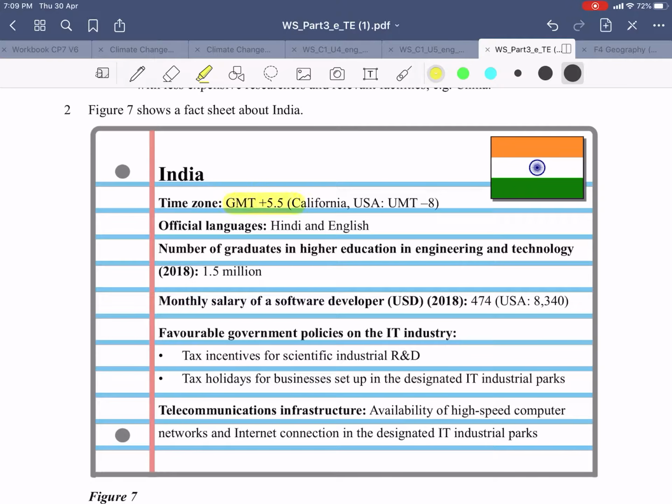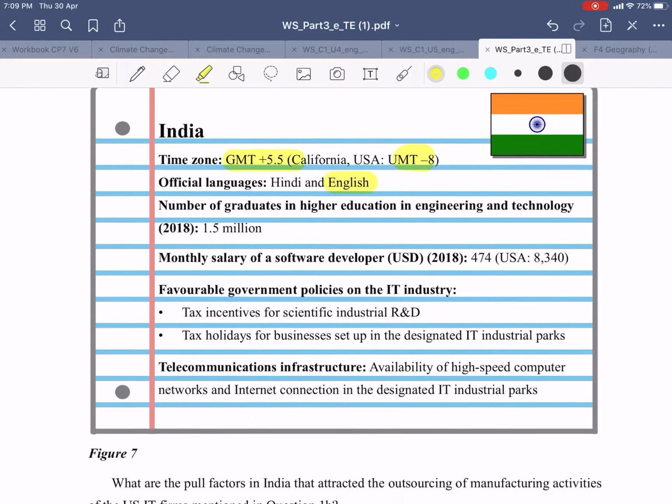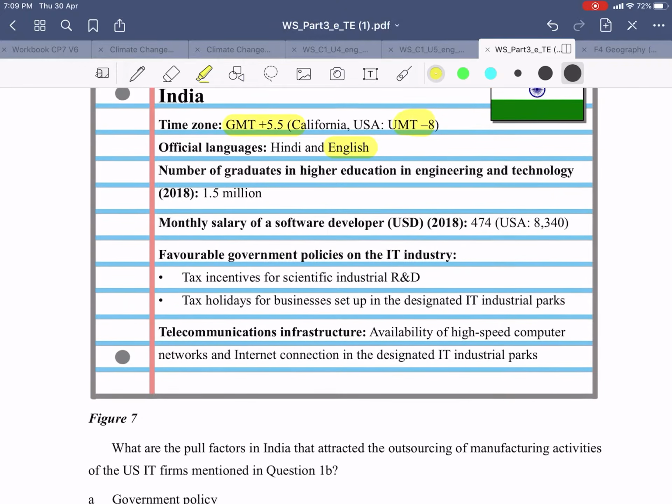For example, the time zone, which is just really opposite of the United States, okay. When the United States is in night, India is in day, so it can pick up 24/7 working hours with the United States, okay. They can do the night shift for the United States, and also the official language is English, so that they are communicable, okay.